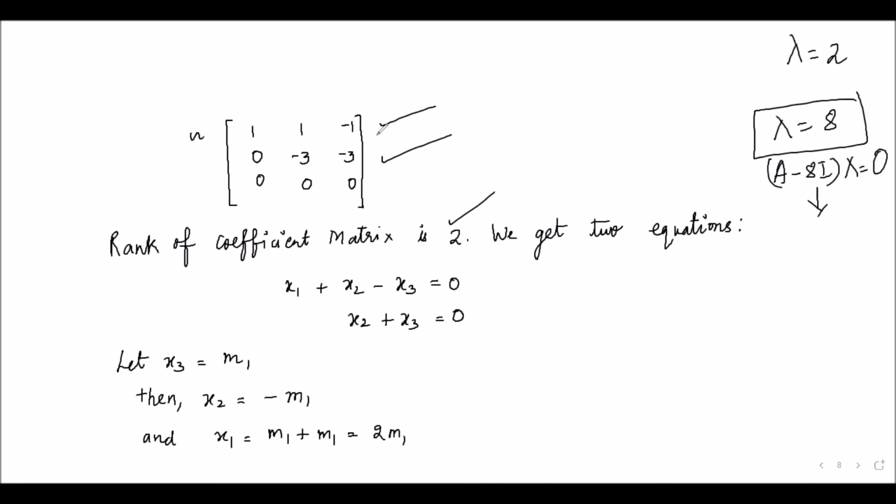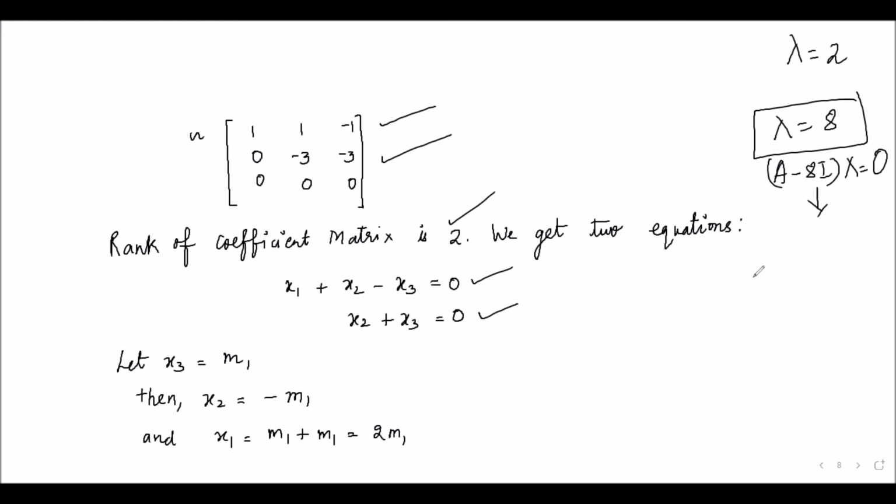We can write them from this echelon form. From the first row, we get the first equation, x1 plus x2 minus x3 equal to 0, because it is a homogeneous system. The second equation will be minus 3x2 minus 3x3 equal to 0, which can be further written as x2 plus x3 equal to 0.